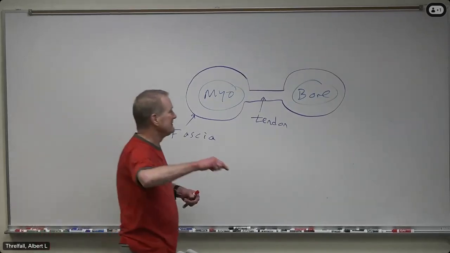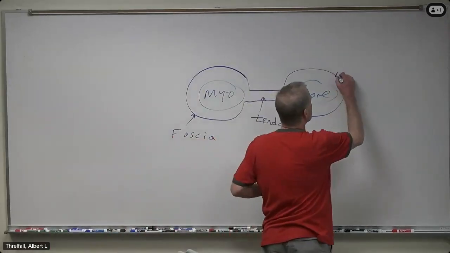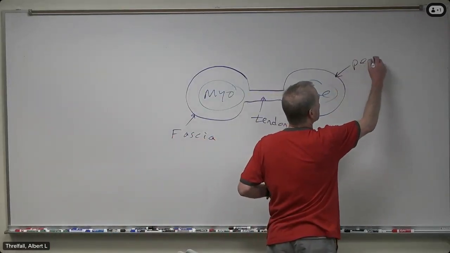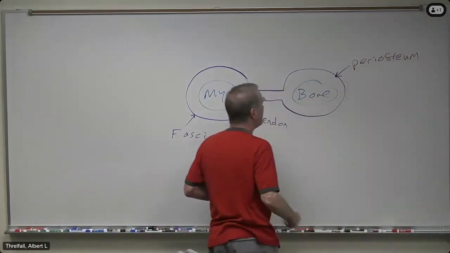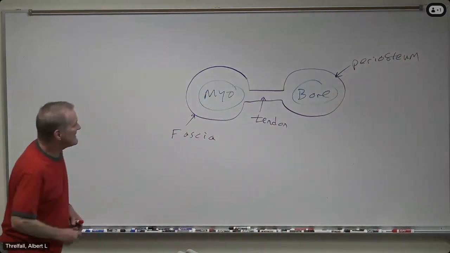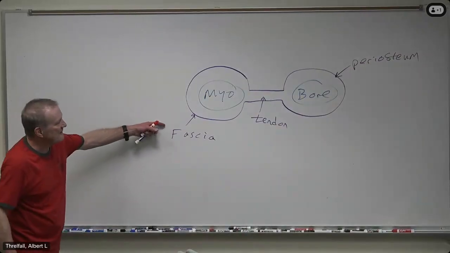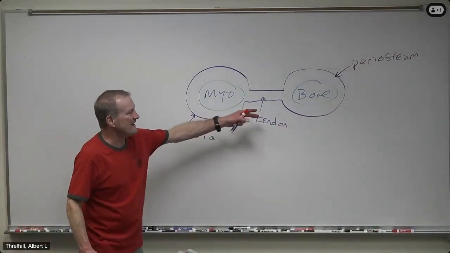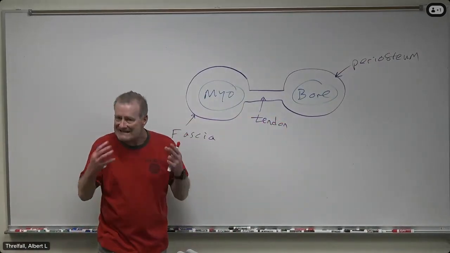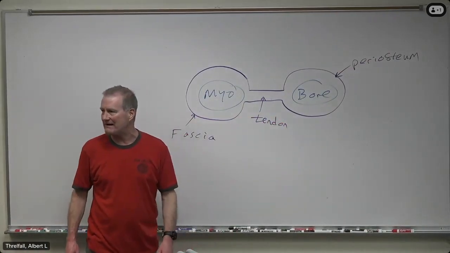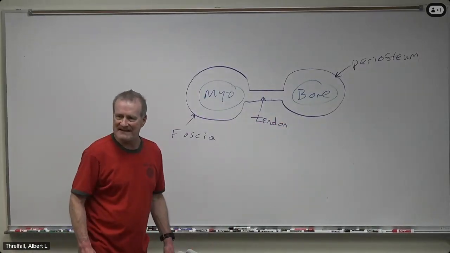Periosteum. So that's what this is over here surrounding the bone. So look, guys, the fascia of the muscle is continuous through the tendon with the periosteum of the bone. That's how tendons and bones are connected, not with staples.